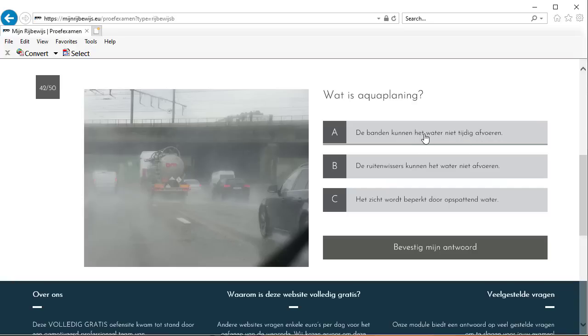Option B is the wipers cannot push the rainwater away. Option C is the visibility becomes limited because of a lot of water on the road.